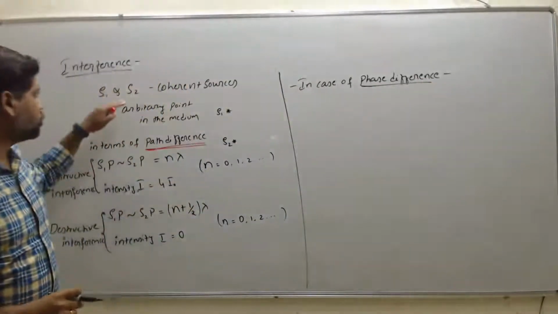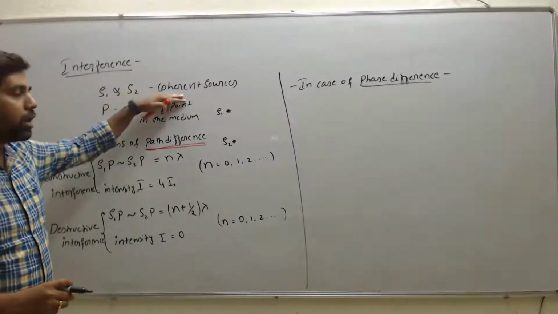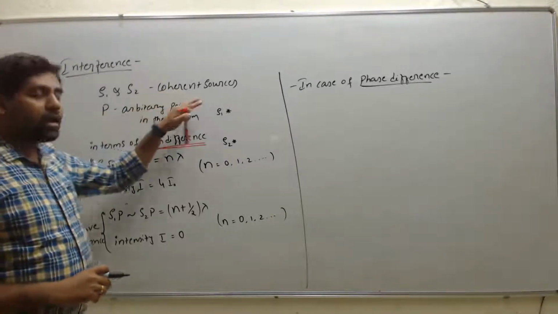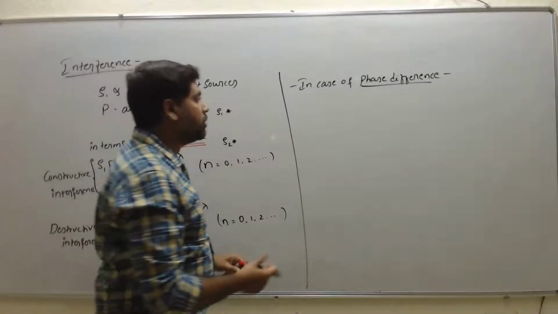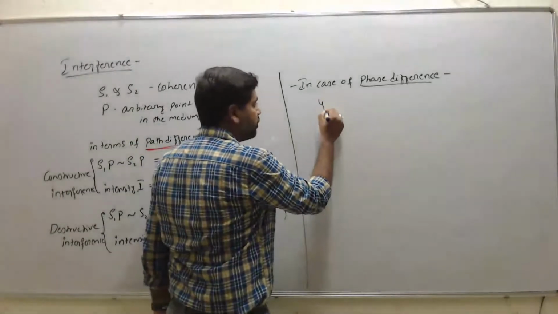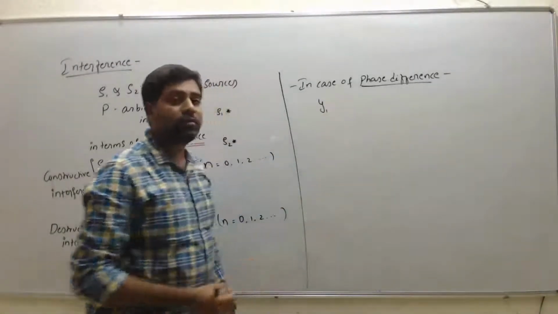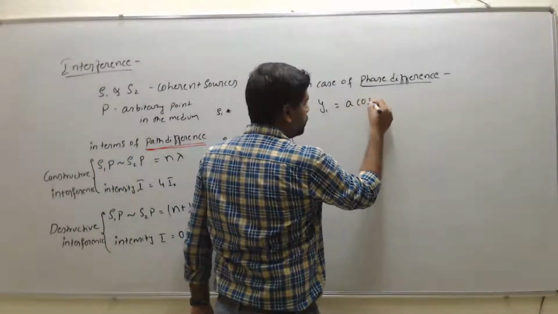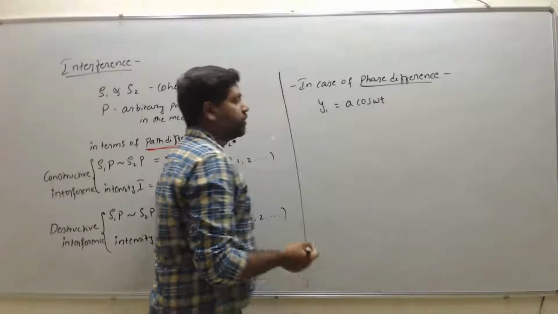Here also S1 and S2 are coherent sources, vibrating in phase. Then P is an arbitrary point anywhere in the medium. Then we can write the displacement produced by the source S1. We can write y1 is equal to A cos omega t.